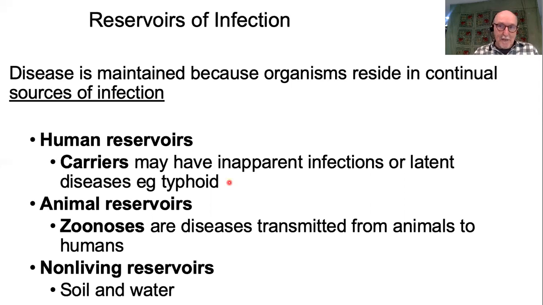But in some people who have had typhoid fever, they maintain a population of Salmonella bacteria in their gallbladders without any effect on them whatsoever. And they act as carriers. They can continually spread the disease to other people without even knowing it.